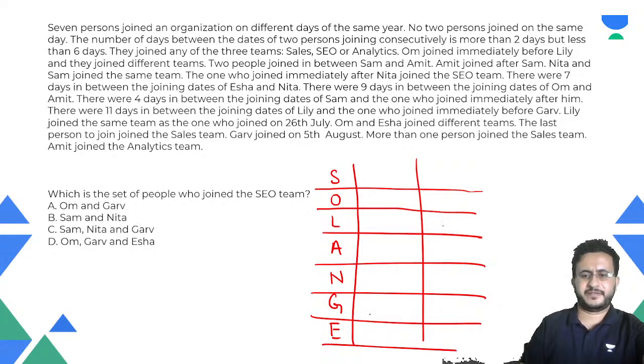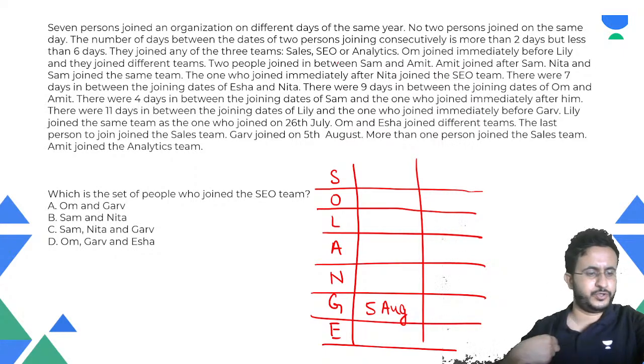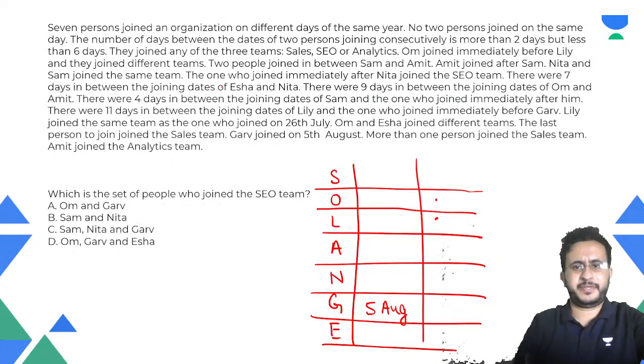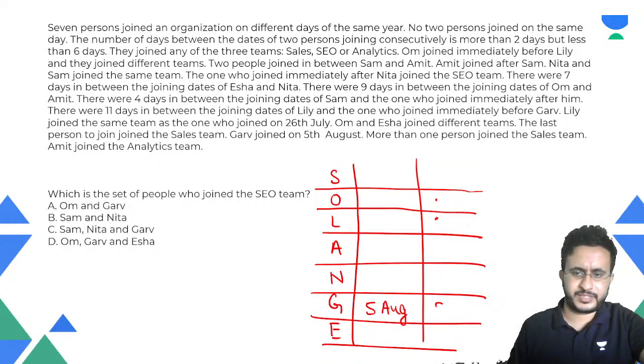Garv is given as 5 August. Now let us just see sales, SEO, or analytics. Om joined immediately before Lily and they joined the same team, so Om and Lily have to be in the same team, which we do not know. The one who joined immediately after Neeta joined the SEO team. So this is the SEO team.